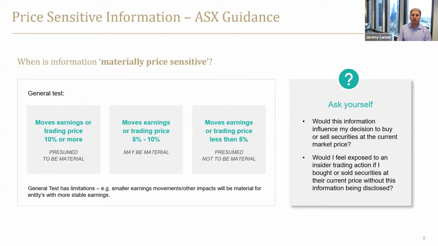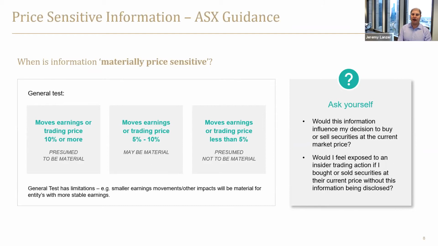After you've worked out that you've got the information, you need to think about what it is and how we're benchmarking it. At the end of the day, because there's this 2020 hindsight test that we talked about before, you really need to ask yourself, if you're in that situation, would I trade at the moment based on the information that I know?